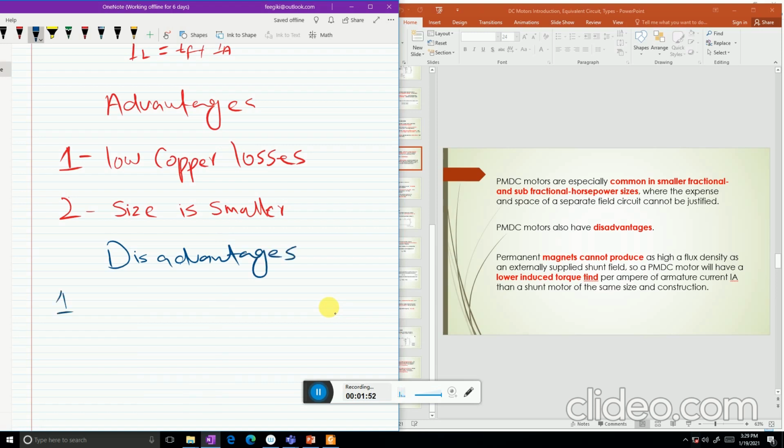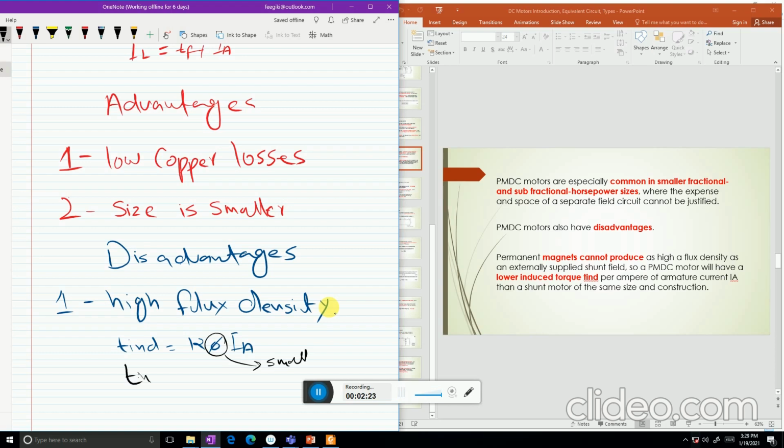Number one disadvantage is that permanent magnets cannot produce high flux density. And we know that torque induced is equal to K phi Ia, and if this value is small, the torque induced is small.